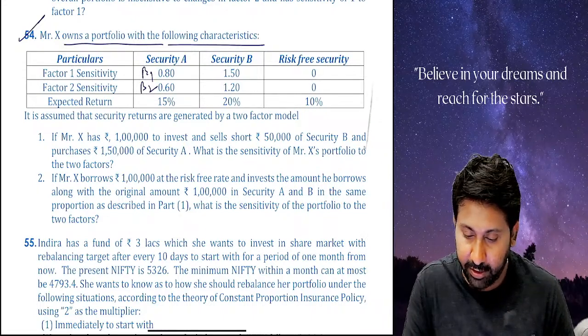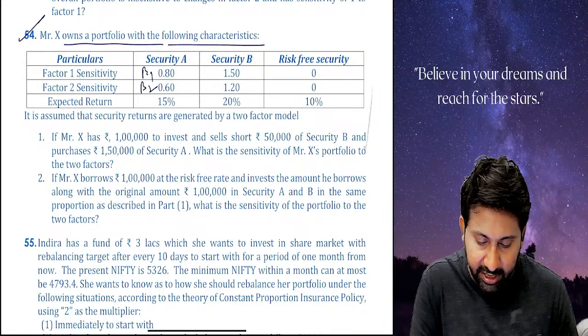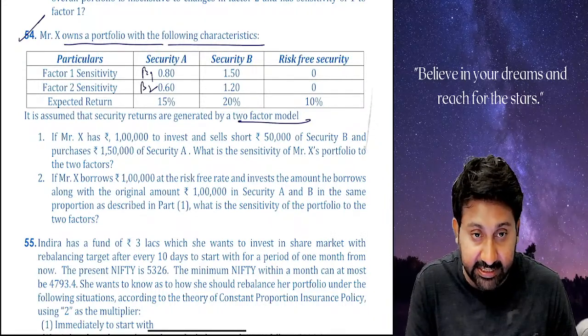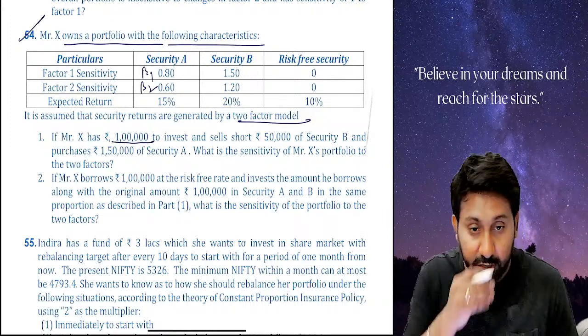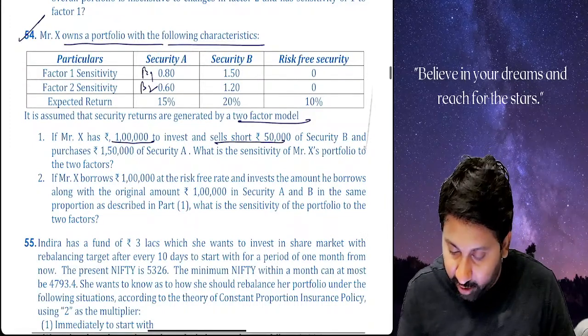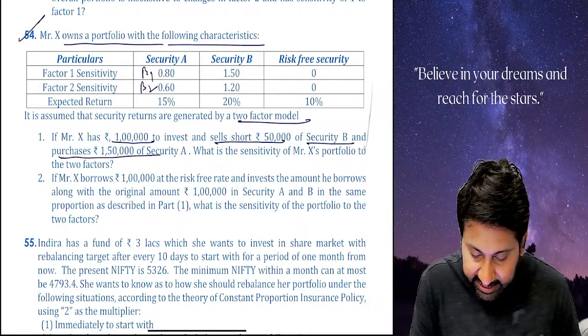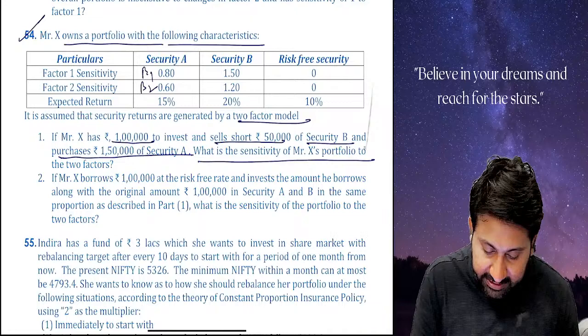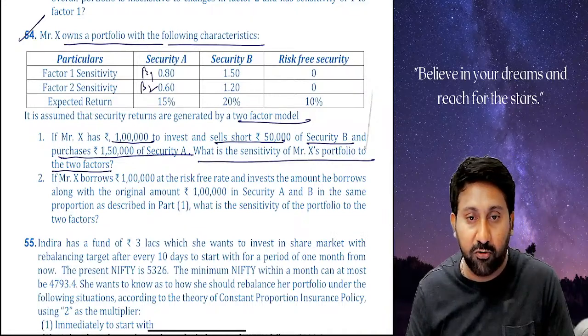Next, they have given the expected return. It is assumed that security returns follow a two-factor model, meaning APT. Mr. X has 1 lakh to invest, sells short 50,000 of B and purchases 1,50,000 of A. What is the sensitivity of Mr. X's portfolio to the two factors?